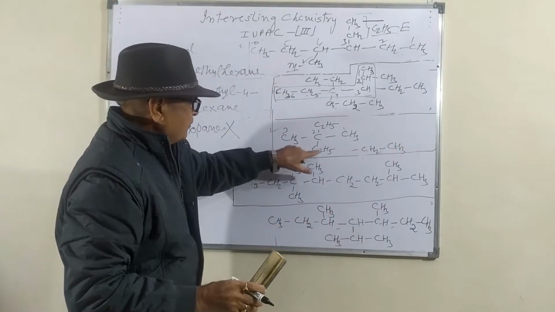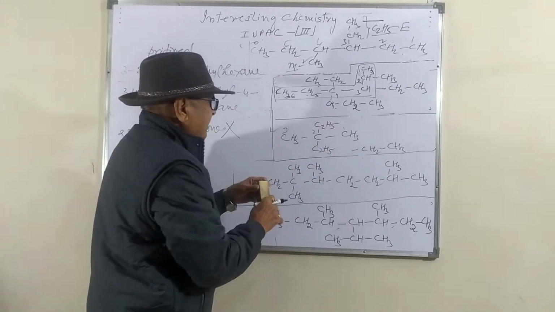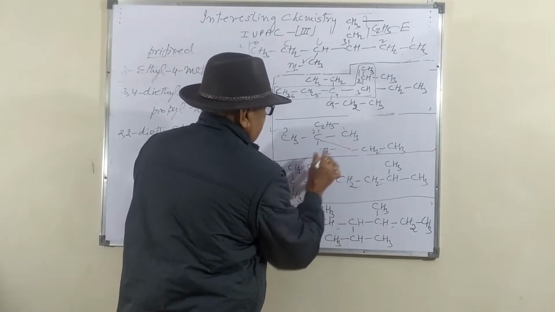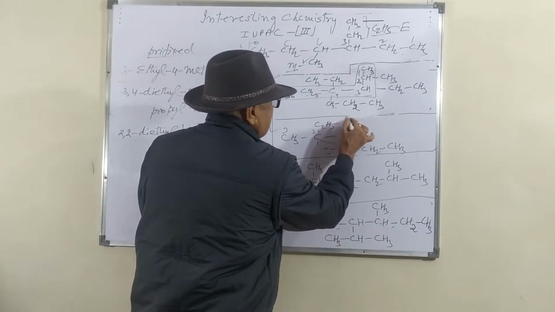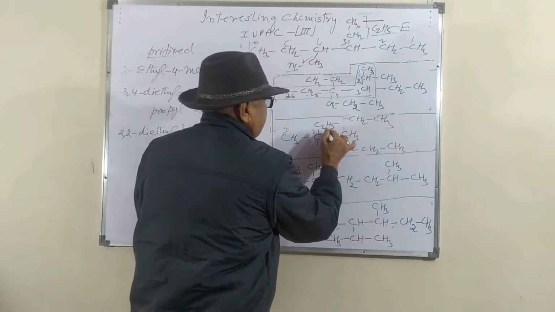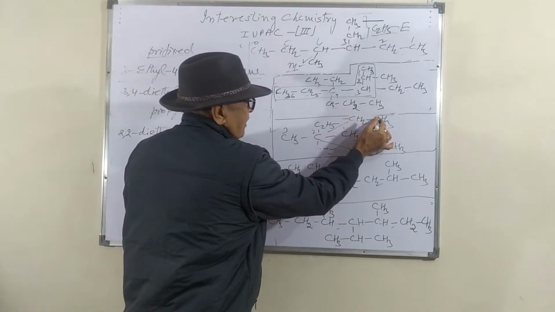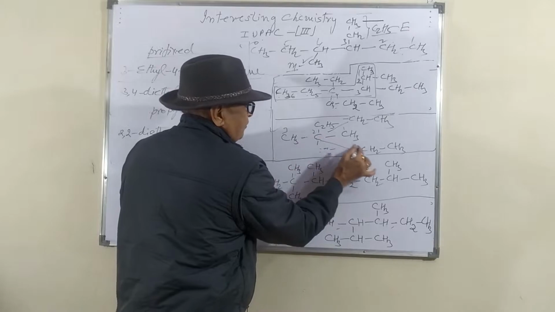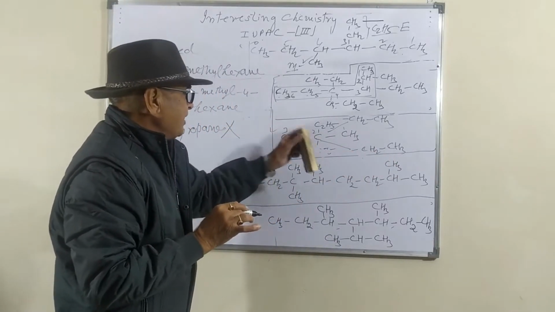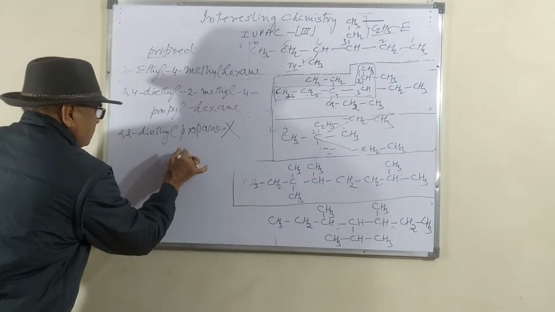The C2H5 group should be written in this form, CH2, CH3. Now the longest chain you will find is 1, 2, 3, 4, 5. The longest chain will be of 5 carbons.